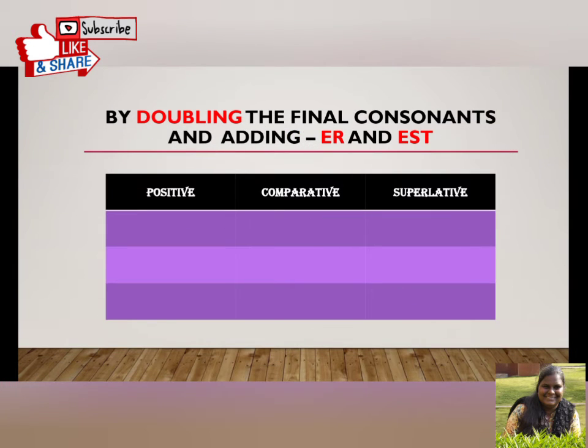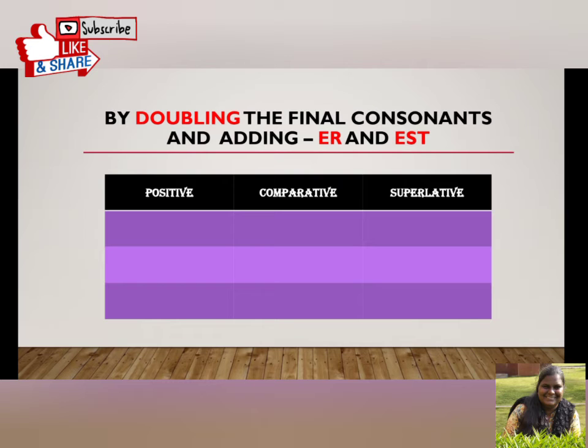The next rule says by doubling the final consonant and adding ER and EST. So, when we have a word in the positive degree and the ending letter is a consonant, we will first double it and then we will add ER to comparative and EST to the superlative degree.